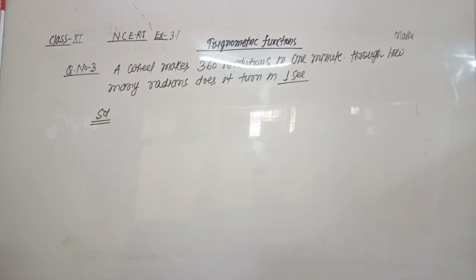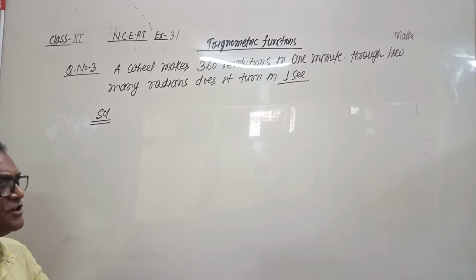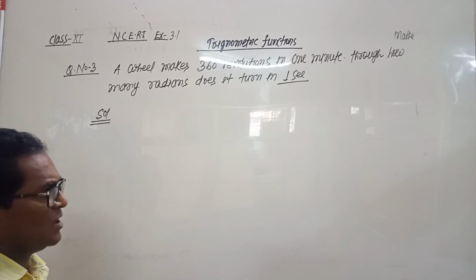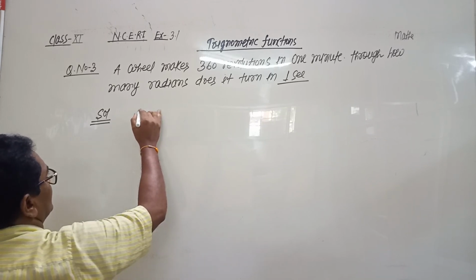In one complete revolution, the angle rotated is 360 degree, or 360 degree is written as 2 pi radian.